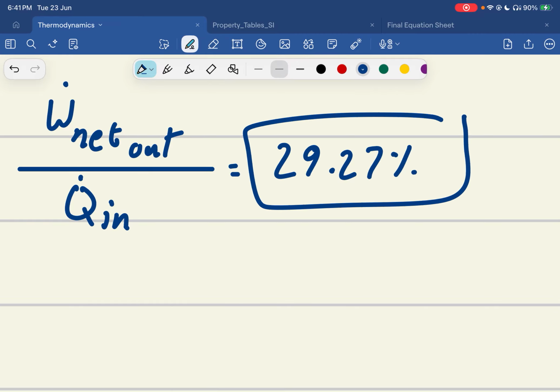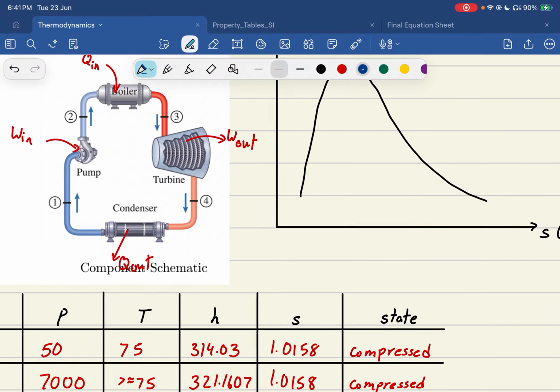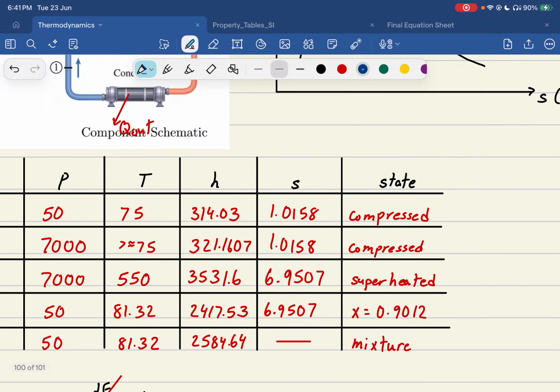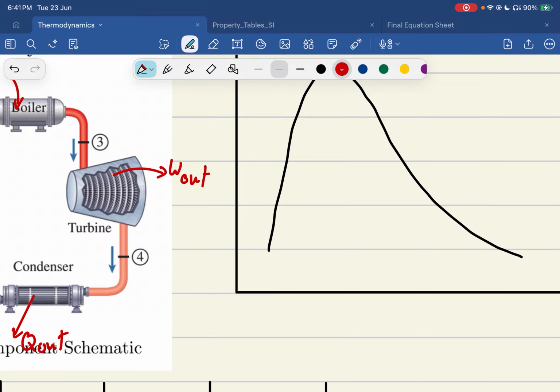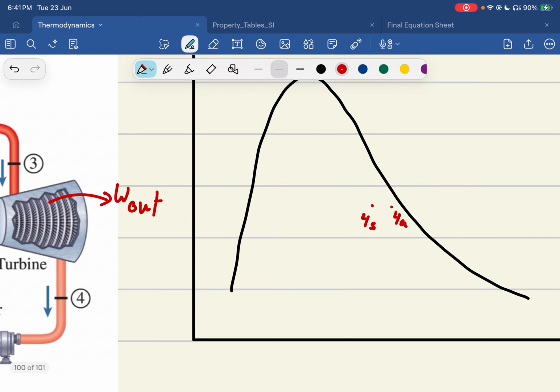And for the TS diagram, just putting everything in. So we know that these are mixtures for state 4. So we can say 4 here, 4 here, this is for actual, 4S, and then 3 is superheated. So this is 3, this is 1 over here, and then we can say state 2 is here.